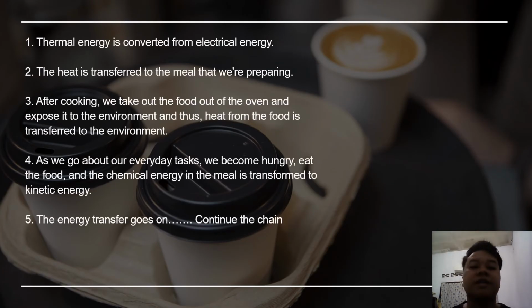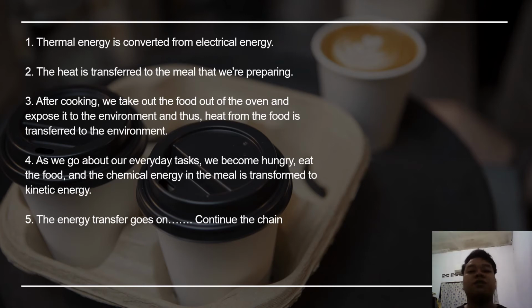Okay, next, what happened? Thermal energy is converted from electrical energy. The heat is transferred to the meal that we are preparing. After cooking, we take the food out of the oven and expose it to the environment, and thus heat from the food is transferred to the environment.